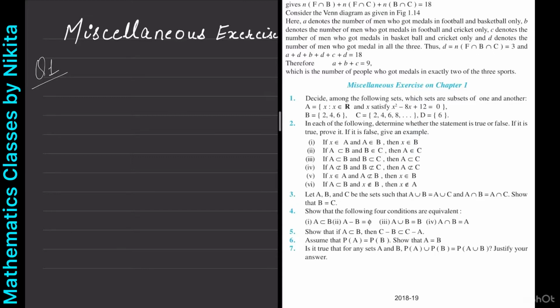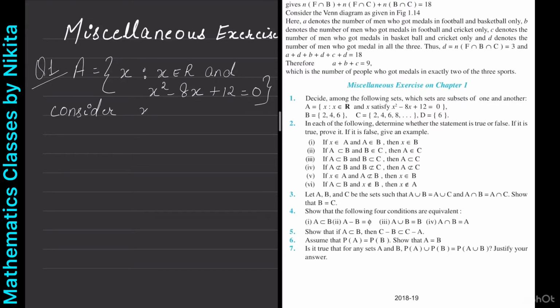Now note one thing. First of all, I will write A in the roster form because it is given in set builder form. So what is A? A is equal to all those x such that x belongs to R and x satisfies the equation x square minus 8x plus 12 equal to 0. So basically you have to find all the real solutions of this equation. So consider the equation x square minus 8x plus 12 equal to 0.